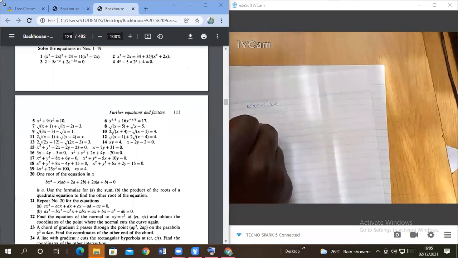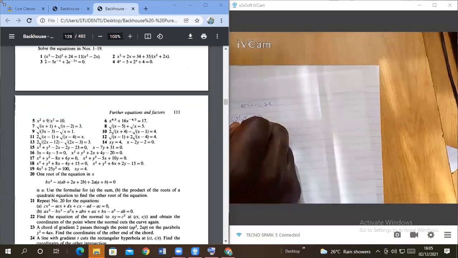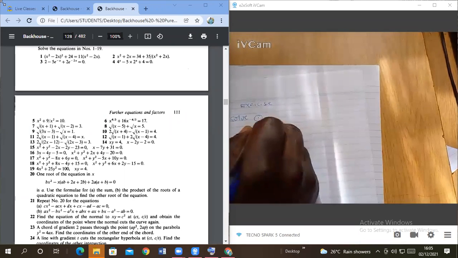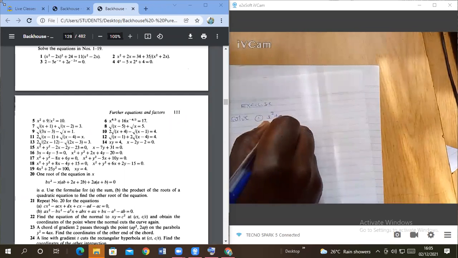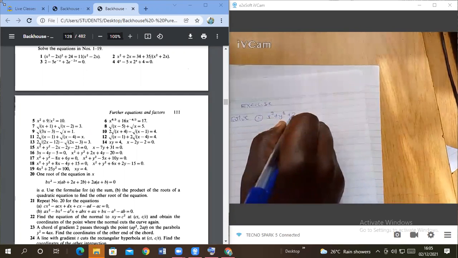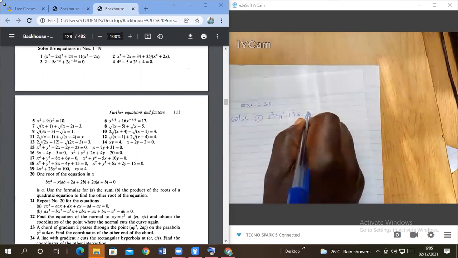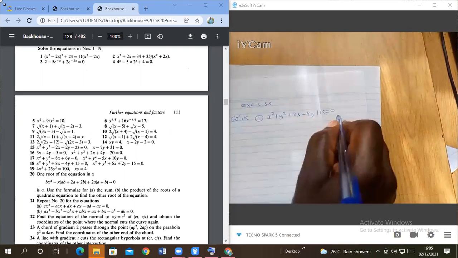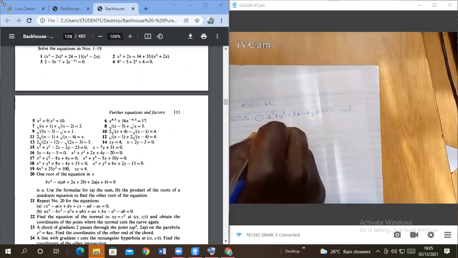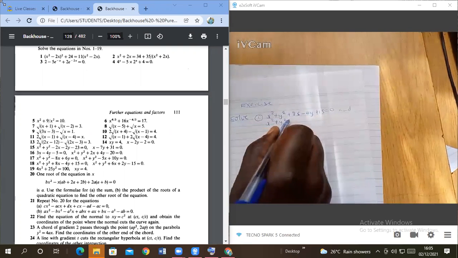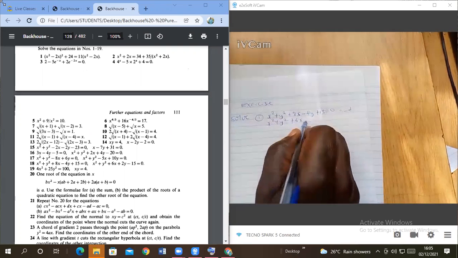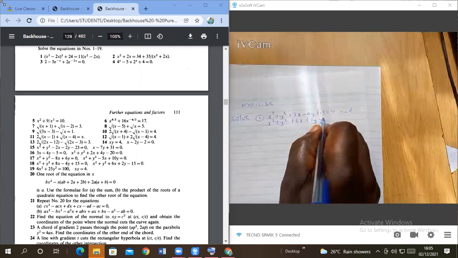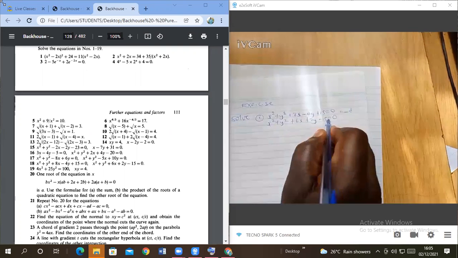You solve 1: x squared plus y squared plus 8x minus 4y plus 15 is equal to 0, and x squared plus y squared plus 6x plus 2y minus 15 is equal to 0.